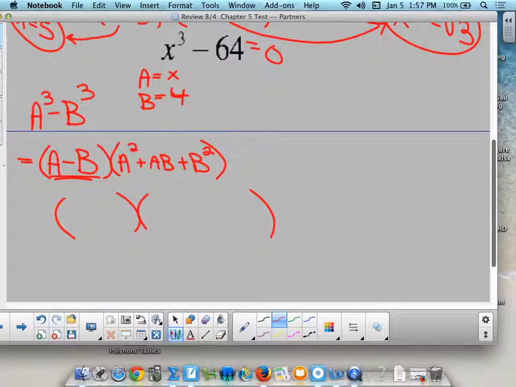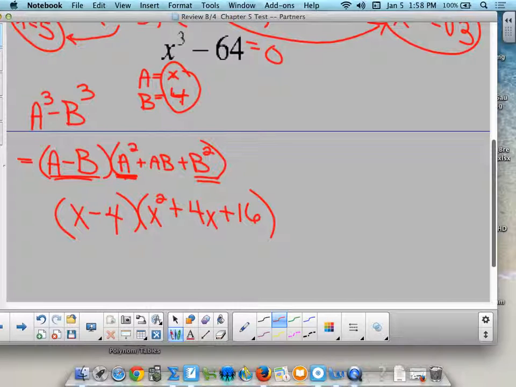A minus B, x minus 4. What's this going to be? x squared. What's this going to be? 16. Plus 4x. AB is just these two multiplied, 4x, with a plus. That's it.